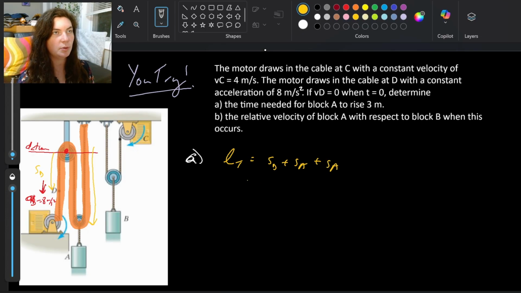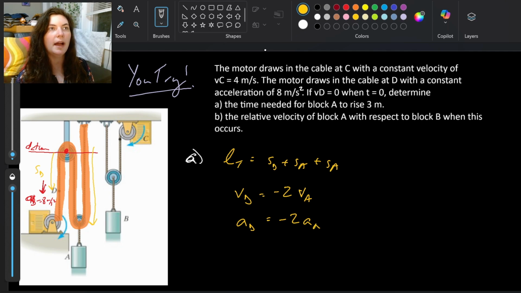So the relationship that we get when we take the derivative is going to be VD equals negative 2 VA. And we can get the relationship for that acceleration as well. It's the same deal. Acceleration, if I take a derivative, is negative 2 times the acceleration of A.